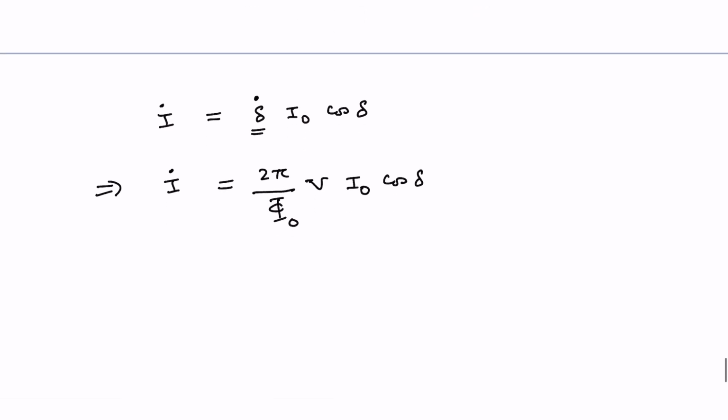Now if I invoke Faraday's law from elementary physics, we know that the voltage is equal to inductance into the time rate of change of current. This is Faraday's law.